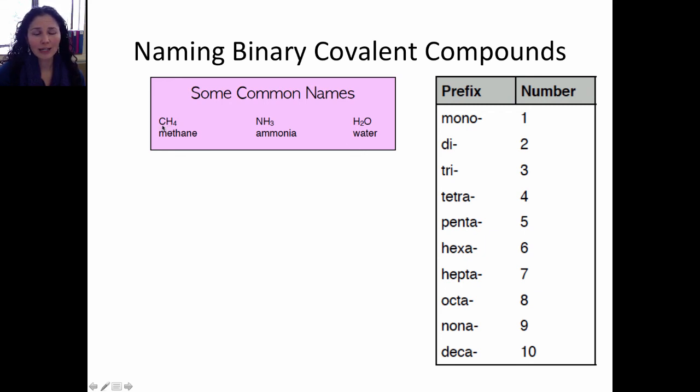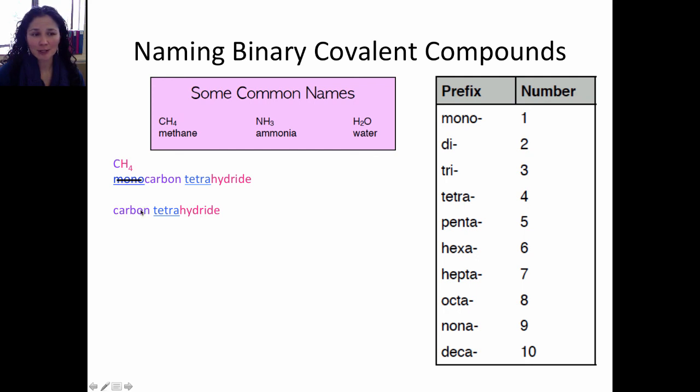The only caveat is that for the first element, you never use mono. So for example, CH4, it might be tempting to name this monocarbon tetrahydride, but you never use mono for the first element. So you drop that, and this would just be called carbon tetrahydride.